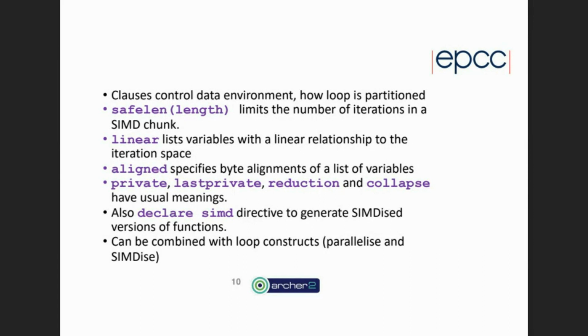If you have a variable that's incremented by a constant amount on every iteration, then formally the compiler will look at that and say, oh, well, that's a dependency between iterations, because I need to know the value from the previous iteration for the current iteration.